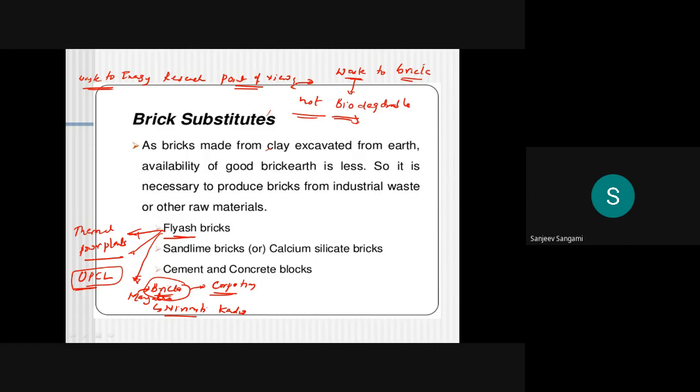Then there are some calcium silicate bricks and cement and concrete blocks.